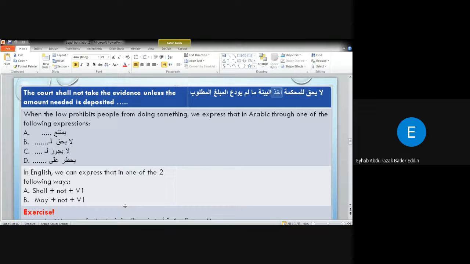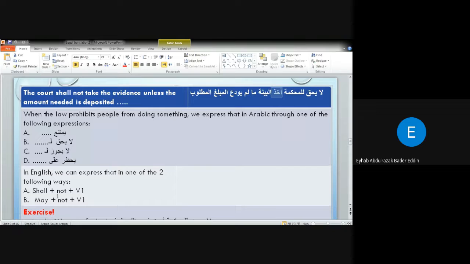In English, we can express that in one of two ways: shall not plus verb 1, or may not plus verb 1. Usually we use may, sometimes both are correct, but at other times may not is different from shall not in English when you want to translate them, because may indicates possibility. هي تحمل معنى الاحتمالية.